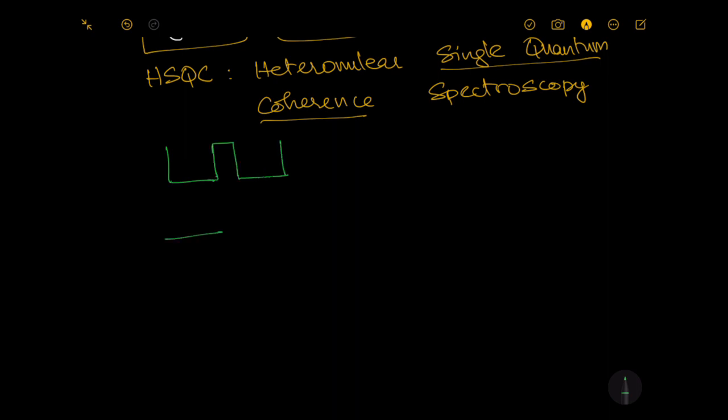So I'm just going to write it as 1H and X channel, where the X could be C13 or 15N. As you might remember, the first and the third pulse in the proton should be orthogonal to one another. So if the first 90 is applied along X, then the second 90 that comes in the proton will have to be applied along the Y phase.